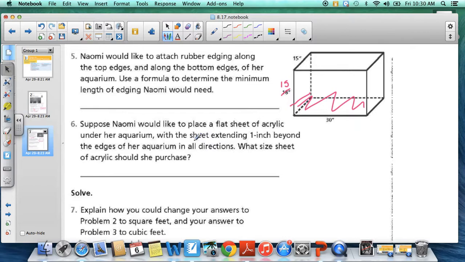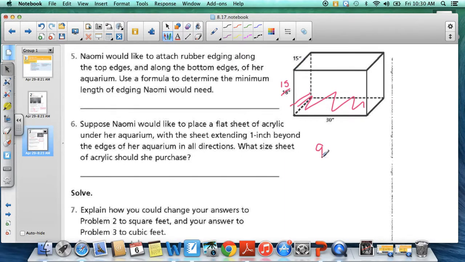So write out your perimeter formula. P equals L plus L plus W plus W. We see that our length is 30, so P equals 30 plus 30, and our width is 15 plus 15, and that equals 90.